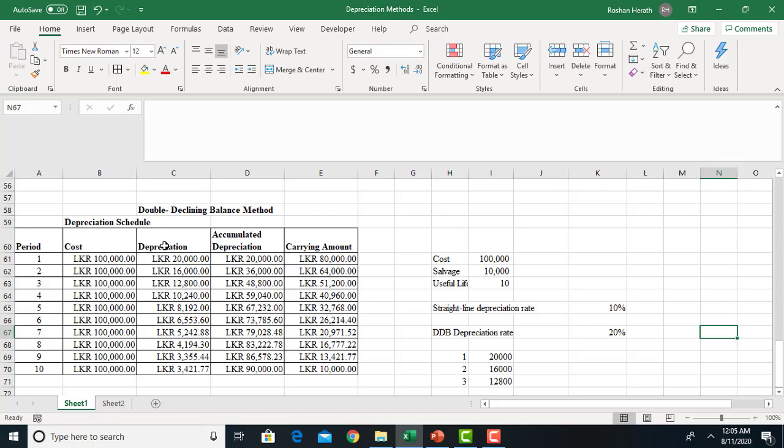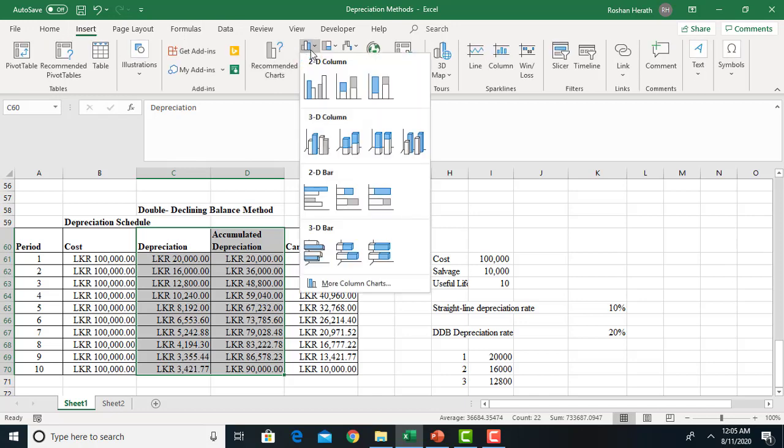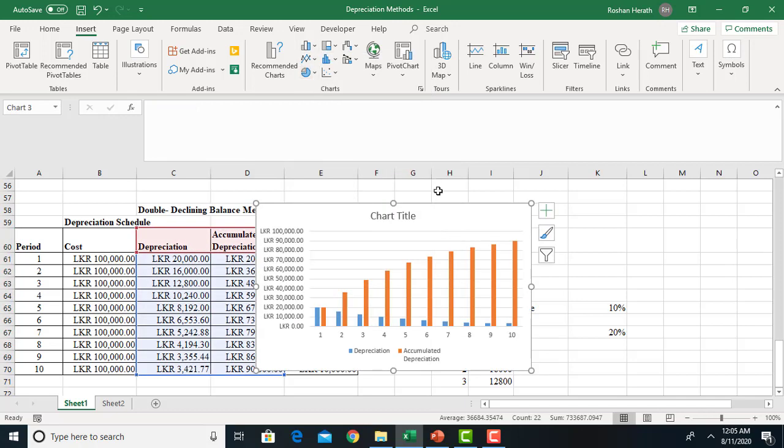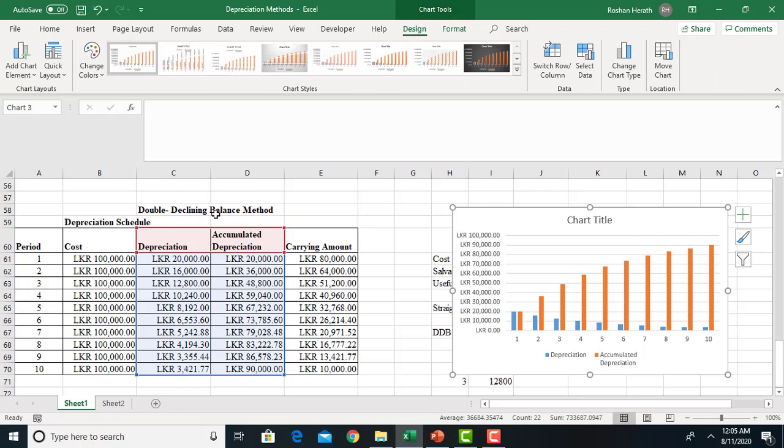So here also we may take a graphical representation. You can go to the insert, the charts. Take the same chart that we used before, and here it is. Again, since it's a declining balance method, it would reflect something similar to the fixed declining balance method. When the asset ages, the depreciation reduces.